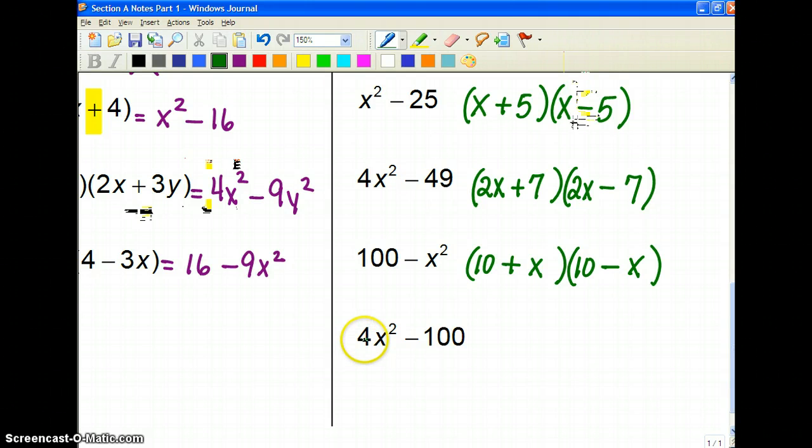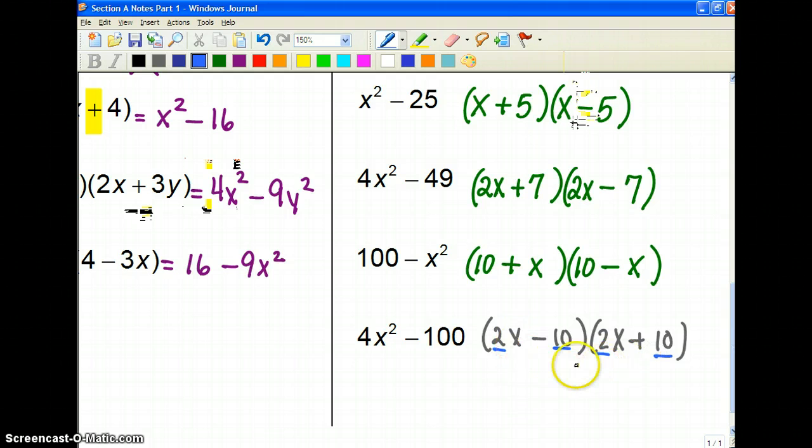Now this last one is a little bit tricky. A lot of people want to tell me that the answer is 2x minus 10 and 2x plus 10, because that would follow this pattern that we were doing. The problem here is we did not take out the common factor, therefore these are not factored all the way.